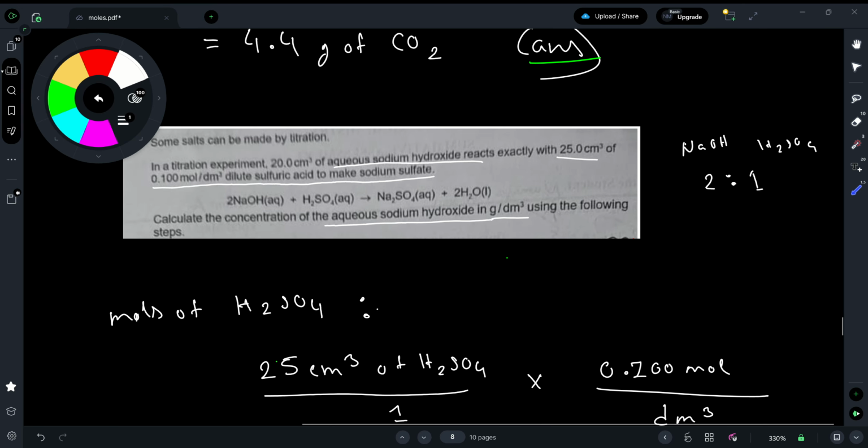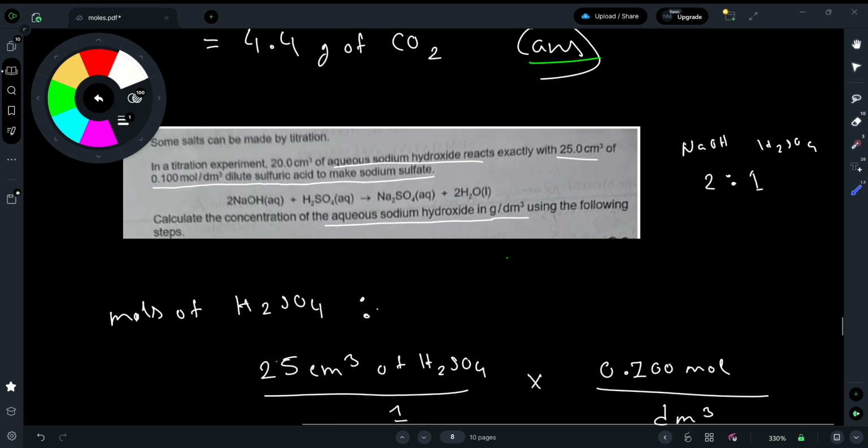So sodium has 23. We're finding the mass. 23 plus 16 plus 1, that's 40. So you get 40 grams of NaOH per mole, and we have 0.005 moles.